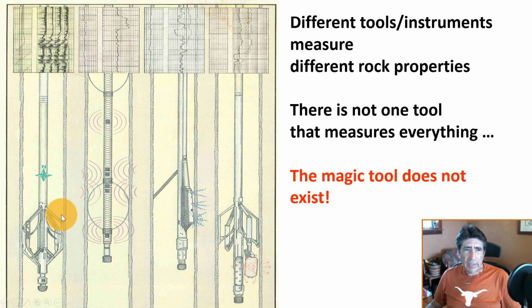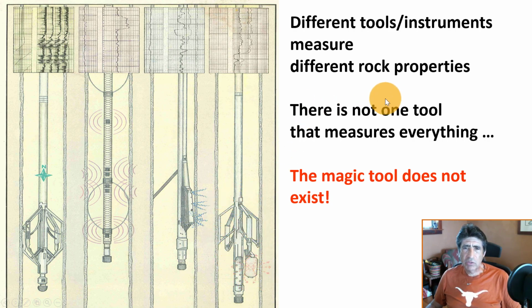Some of them measure electrical resistivity at the surface. Some of them measure electrical resistivity around the borehole. Some of them measure acoustic properties, nuclear properties, in this case density, by way of sending gamma rays into the formation. And also we have the possibility of sensing very high resolution electrical resistivity images.